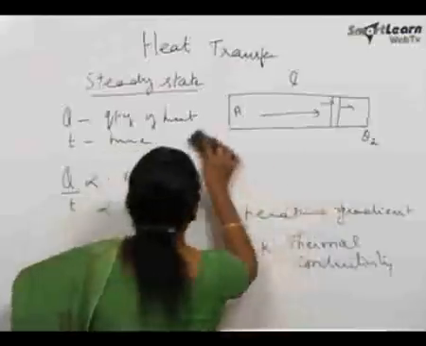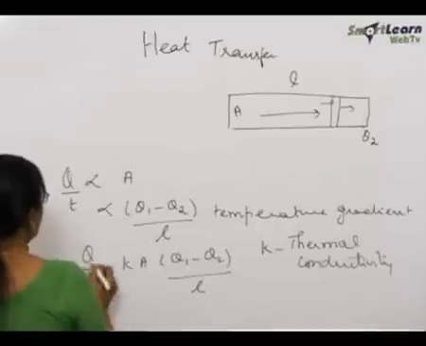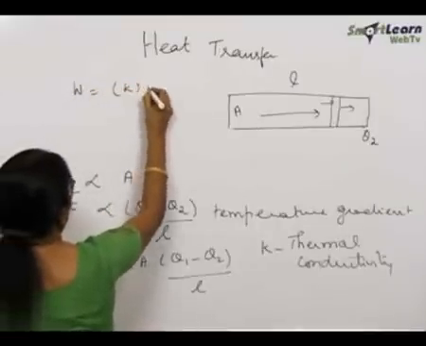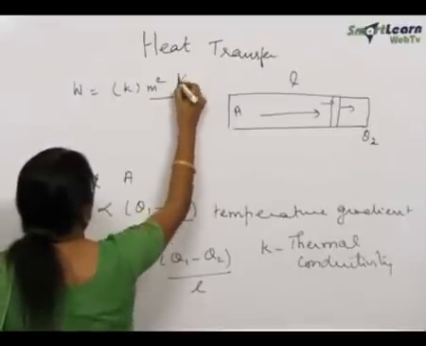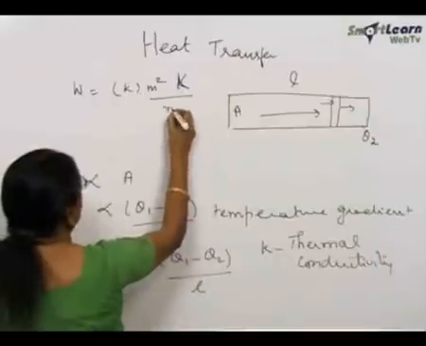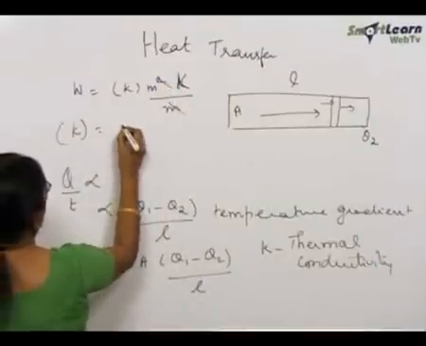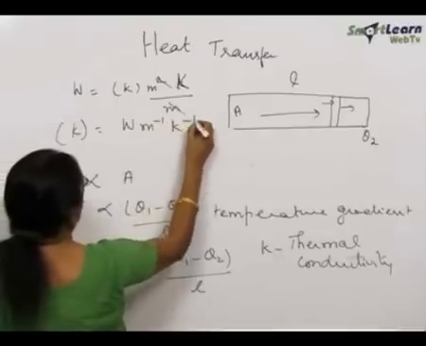Let us now find the unit for K. So, what is Q by T? Q by T is watts. This is meter square. This is Kelvin, capital K, and this is meter.